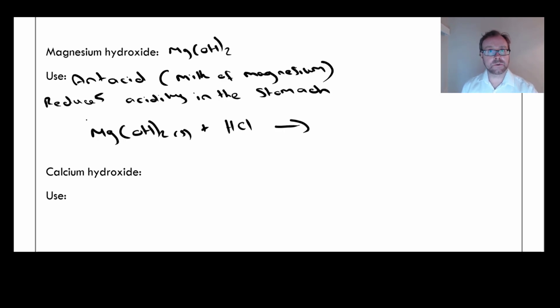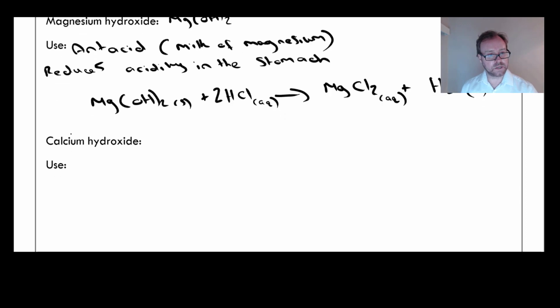Now we should know this from our acid and base video, so a metal hydroxide plus an acid forms a salt plus water, so we know this is water. Our definition of a salt is when the H+ of an acid is replaced by a metal ion or an ammonium ion. So we replace our H+ with our magnesium to produce our salt, which is MgCl2. Let's go back and balance it, so 2HCl.